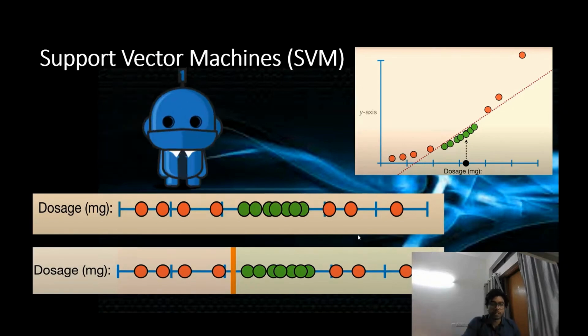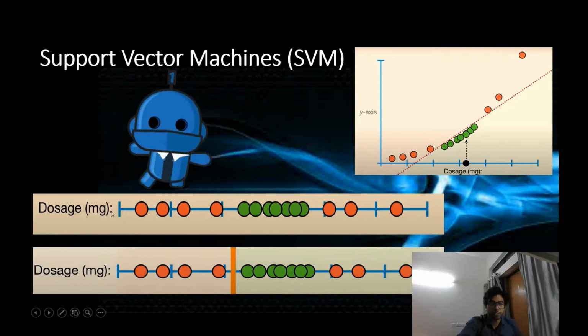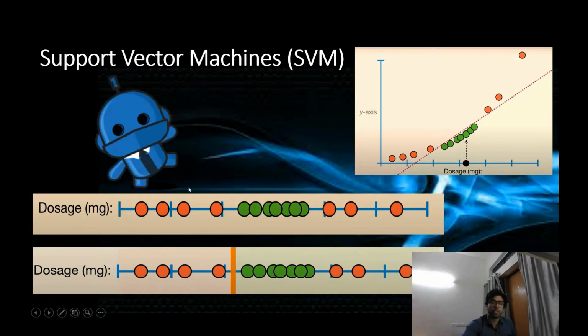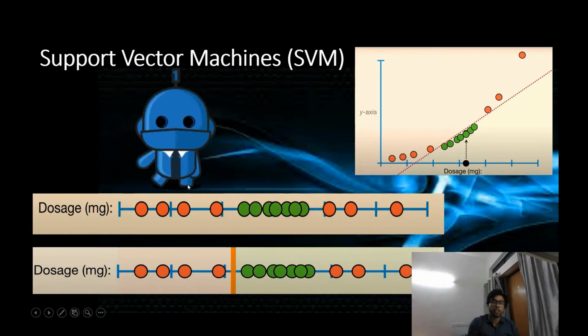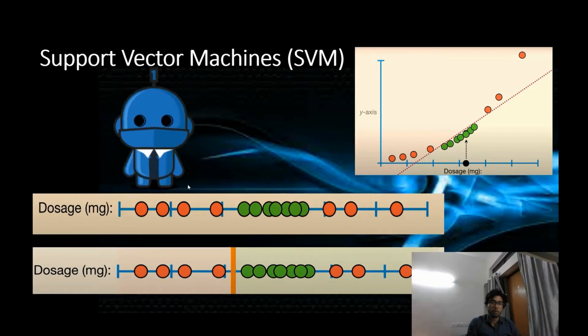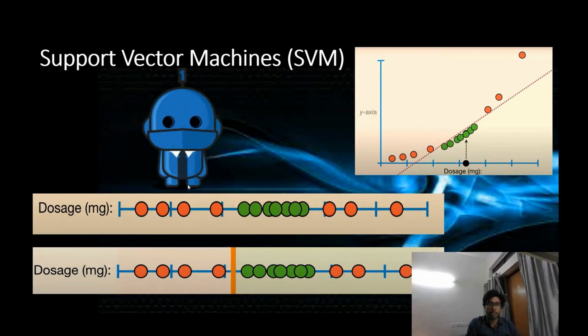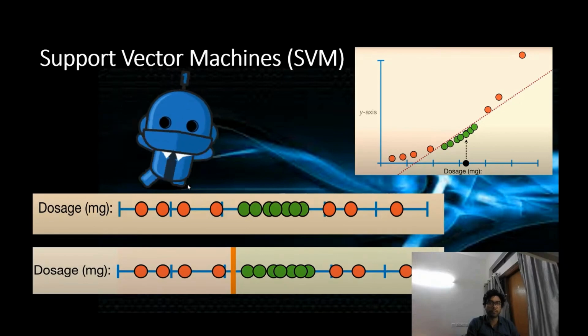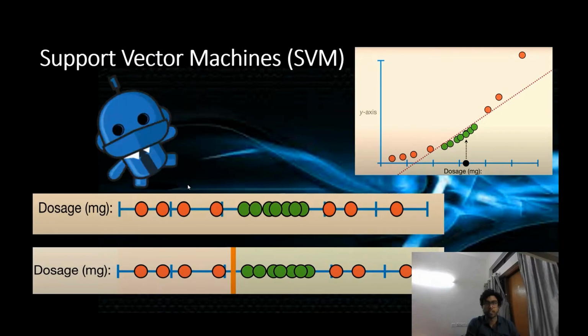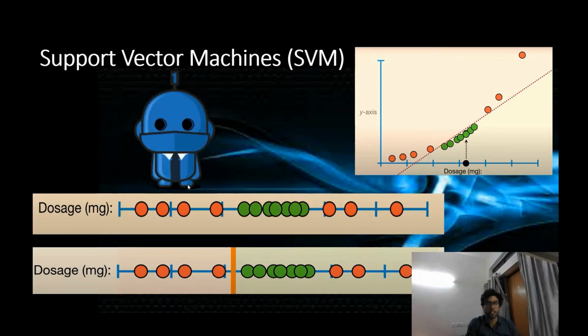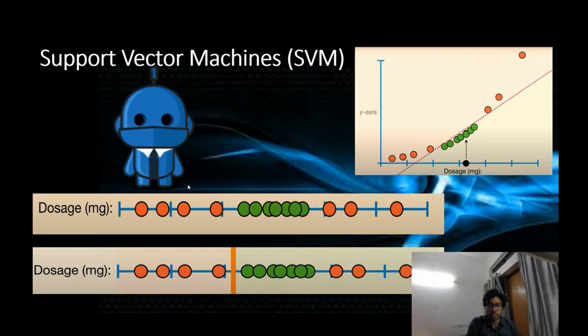This is one-dimensional data, you just have the dosage parameter. Now you project this one-dimensional data into a higher dimension. And how will you do that? That's the thing that we'll see in the remaining time.